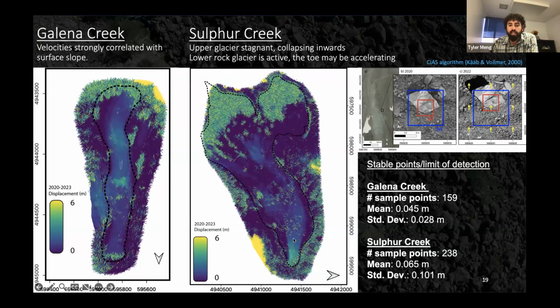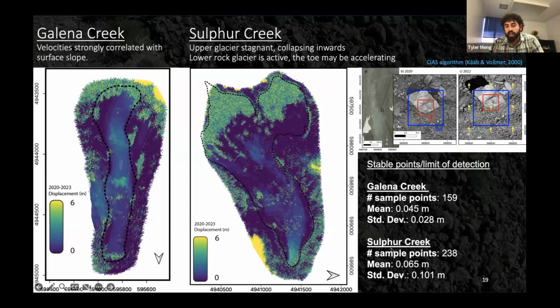So this could be indicative that this whole Sulphur Creek system is right at a tipping point, possibly due to its increased accumulation area in relation to its cirque perimeter. So that's just an example of the local variations between these two rock glacier field sites. Even though they're really close to each other, they're clearly changing in very different ways even today.